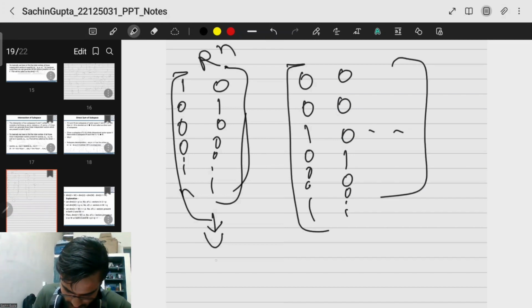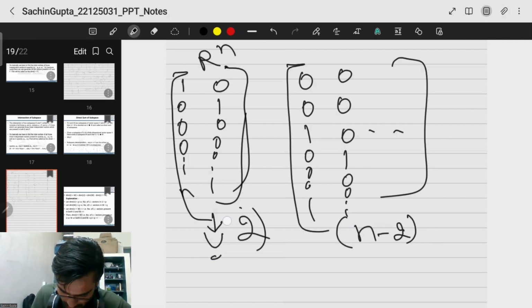So if there are two vectors in U, then n minus 2 vectors will be present in W, and their intersection is equal to 0.